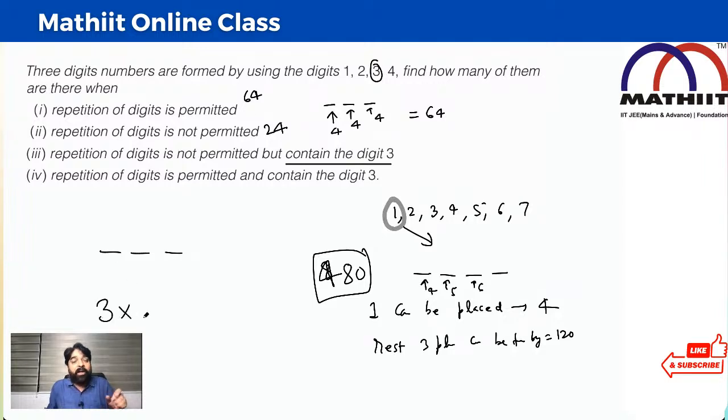So 3, one place filled, and it means multiplication. Balance 2 places. Which 2 places? I don't know. But balance 2 places and 3 objects, 1, 2, 4. This place can be filled in 3 ways, this place can be filled in 2 ways. So total will be what? 6 ways. So 3 into 6, 18. The answer of this question will be 18.